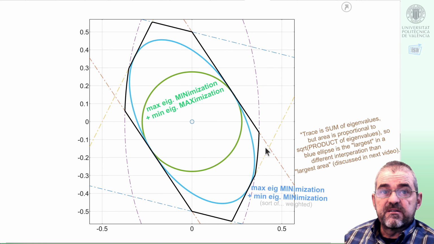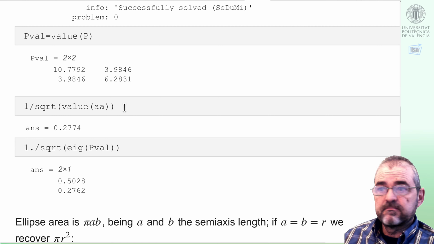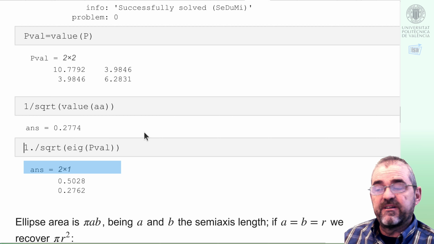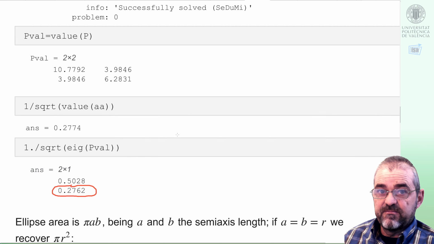And this other ellipse is large in the sense we defined of the trace, but of course then we are not pushing so hard the minimum radius, because the radius of the largest circle inside my region is 0.2774, and as my effort in minimizing is shared between both axes of the ellipse, the obtained ellipse has a slightly suboptimal minimum radius with respect to our first version of this problem.